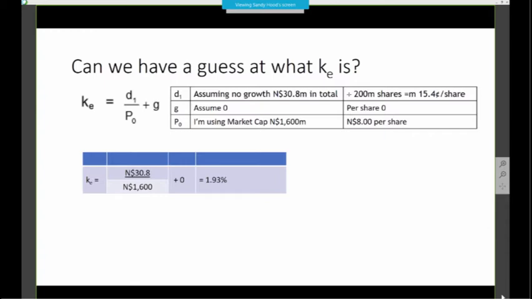So in this case, I've got the total dividend that they paid last year, and I'm assuming it's going to be the same next year, of 30.8 million. I've assumed no growth, and I've used the market capitalisation of 1,600 million. So on that basis, I've got a cost of equity of 1.93%, which is fine. The maths has worked that out.